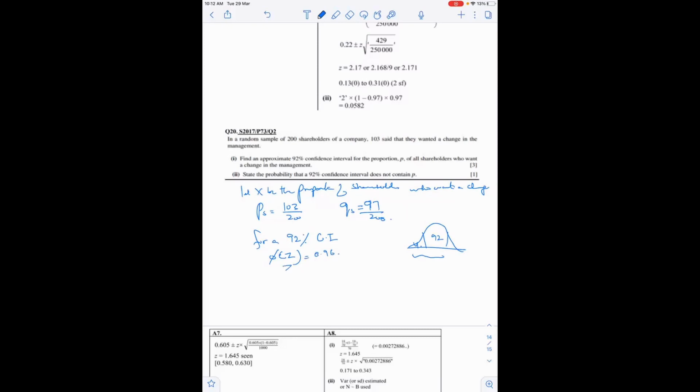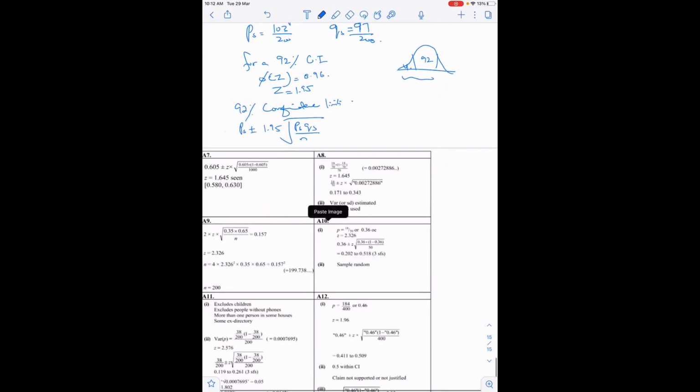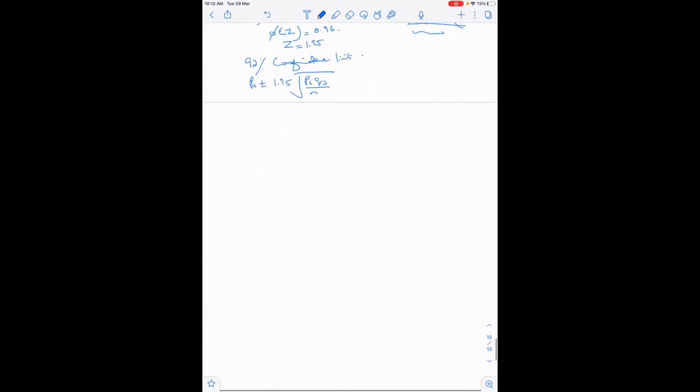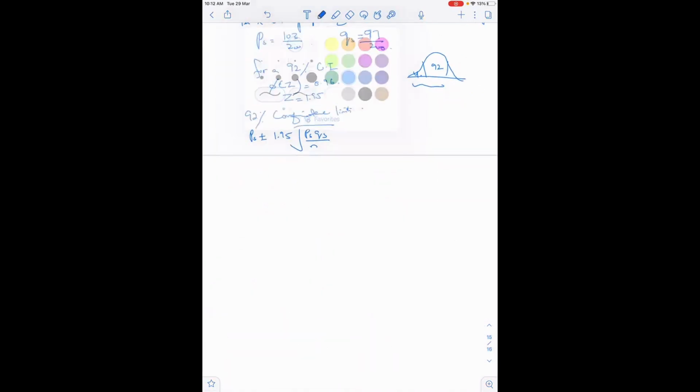Z is 1.75, the 92% confidence limits, so plus minus 1.75.